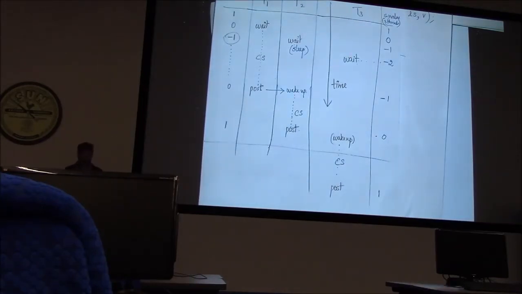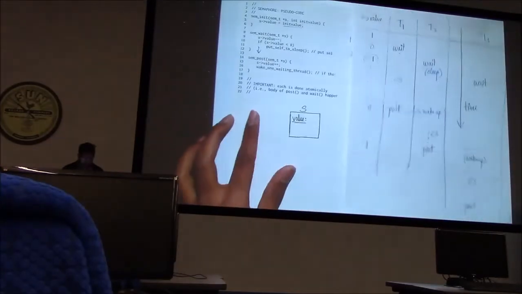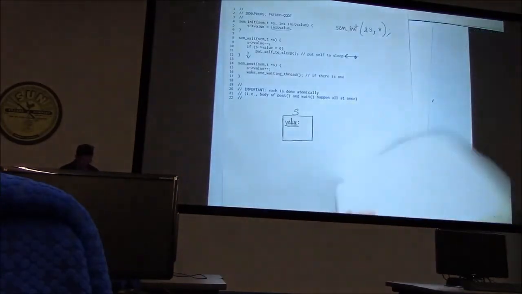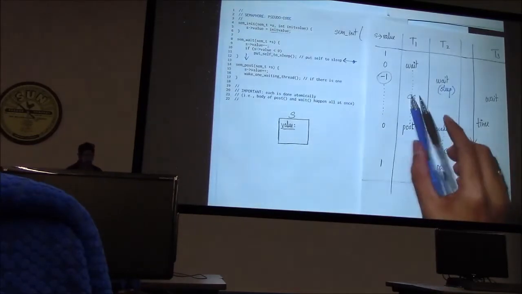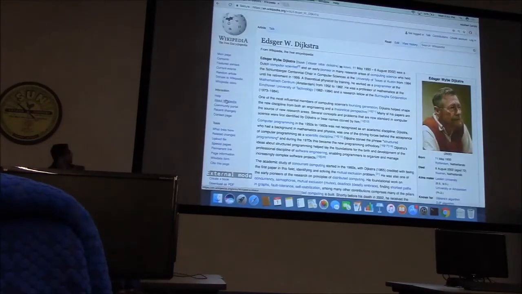This definition of semaphore, the pseudo code we saw here, was first implemented by a person called Dijkstra. I'm not sure if I'm pronouncing his name correctly, but yeah, this is the person. You may have already known him from the shortest path algorithms in the graph algorithms that you have studied.